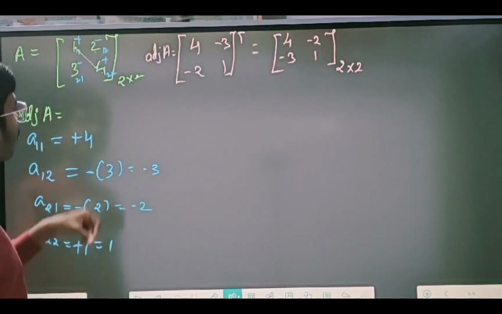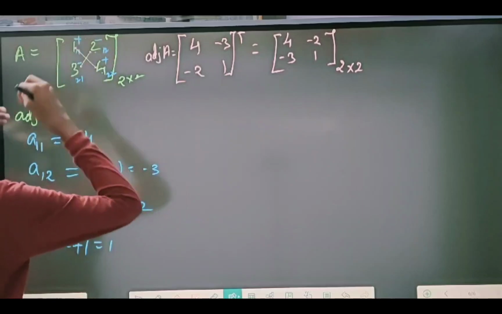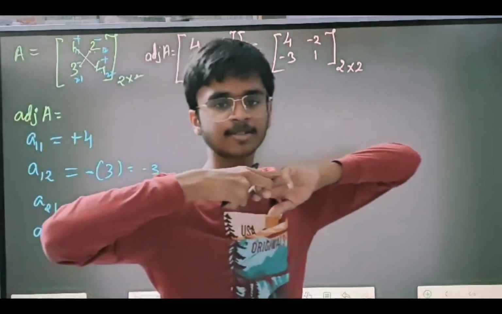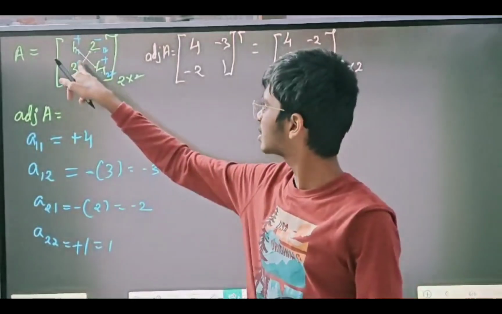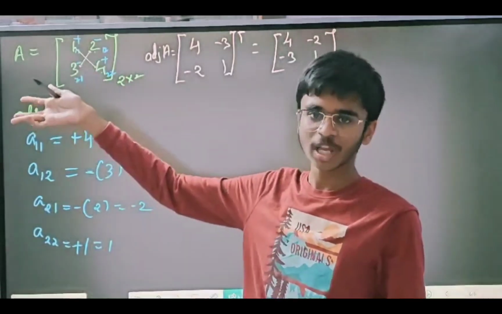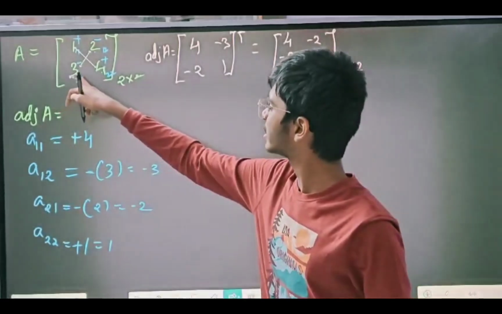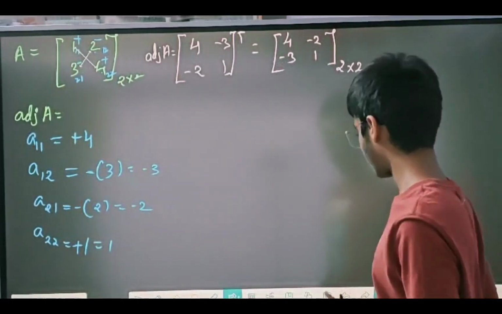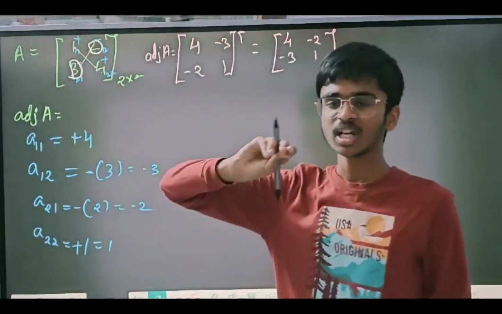And the sign of this 3 and 2 is going to be changed. See, 3 is positive there. You are not going to consider this negative and this negative. That also can be considered, but I'm saying that just look at this element, okay, and look here at this element.